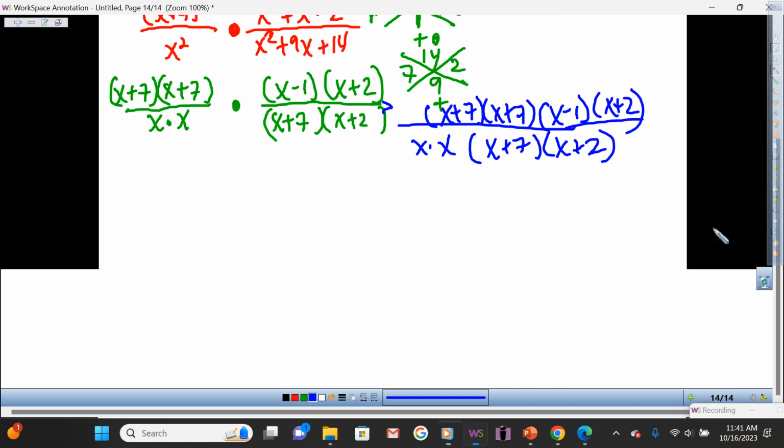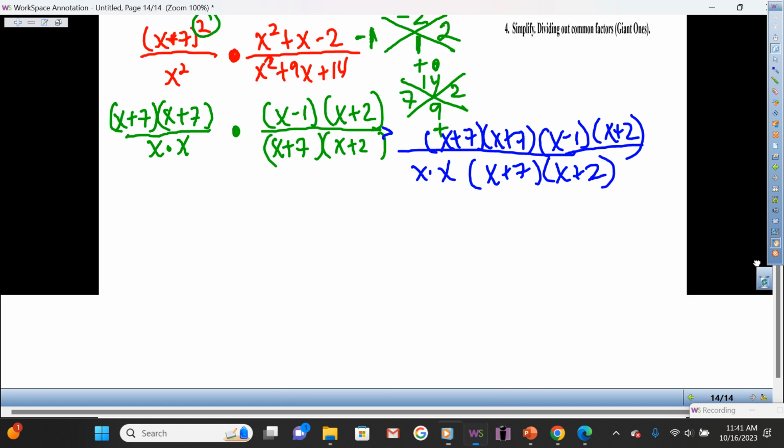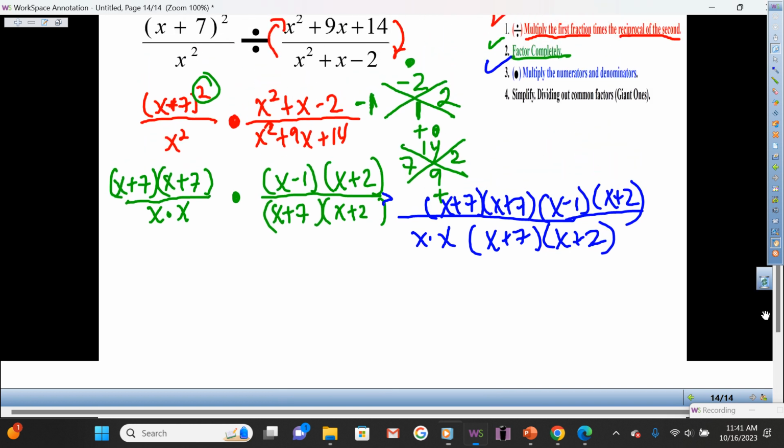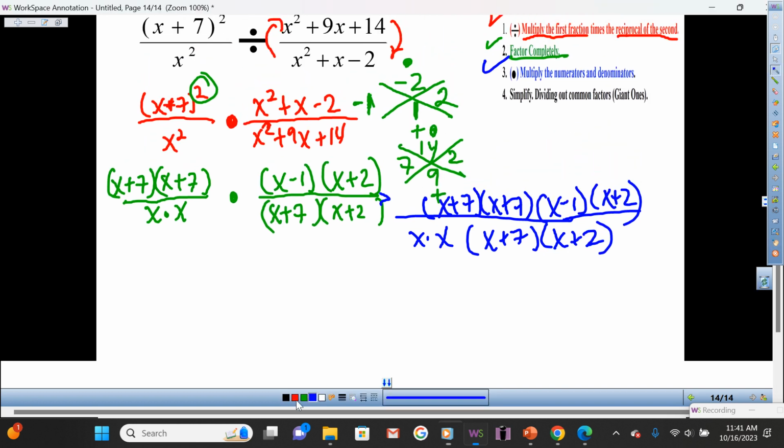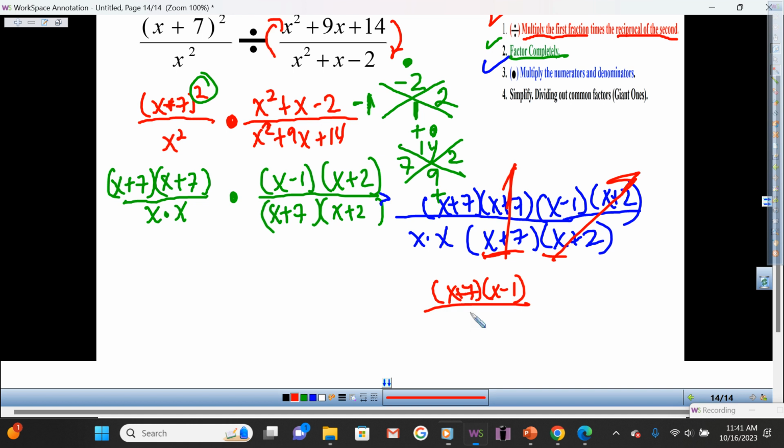So let's identify our giant ones. Yeah, x + 7. What else? And x + 2. So what's left on the numerator? We have (x + 7)(x - 1), and denominator, x times x is x squared.